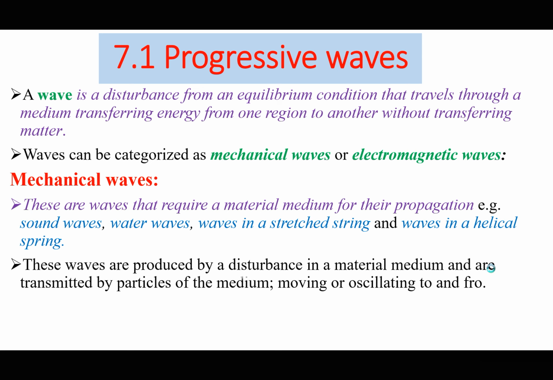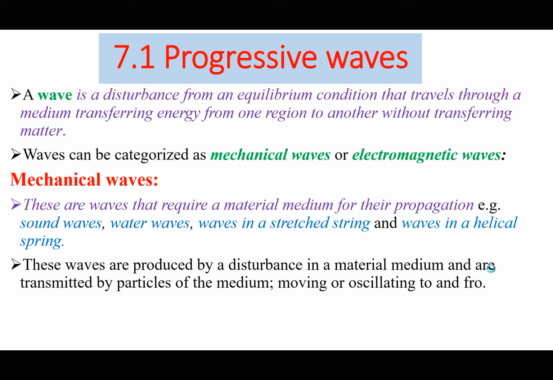So these waves are produced by a disturbance in a material medium and are transferred by particles of the medium moving or oscillating to and fro. So the particles are going to be moving or oscillating when the medium is disturbed, thereby transferring energy from one point to another, or transferring their disturbance from one point to another.